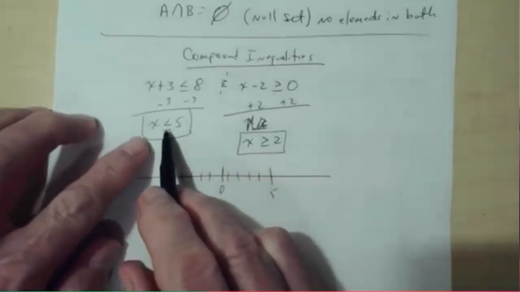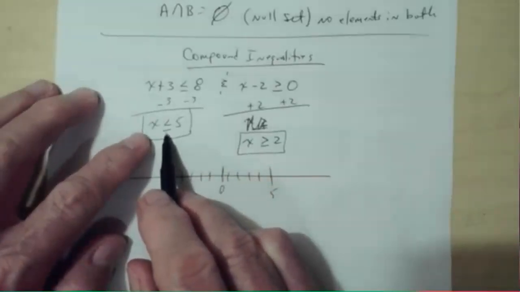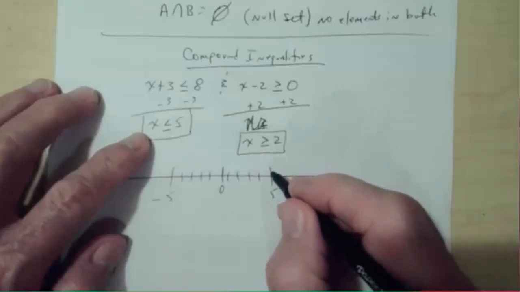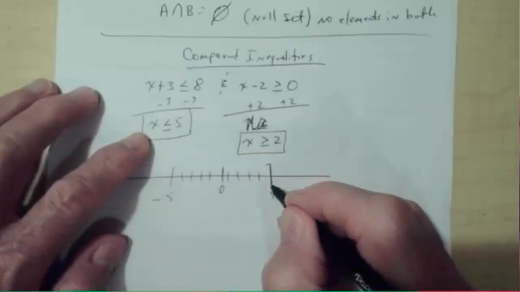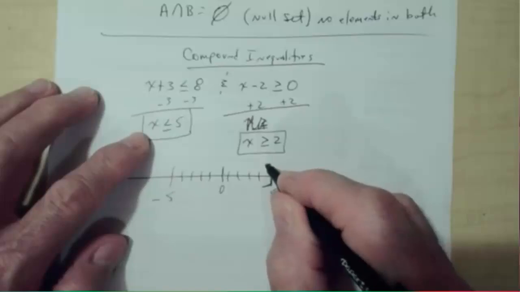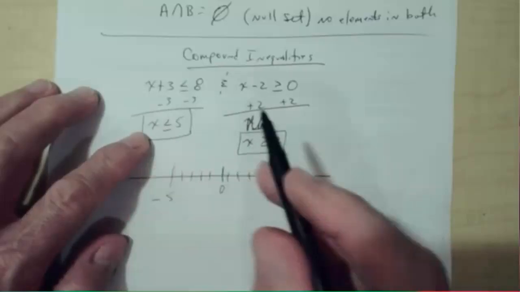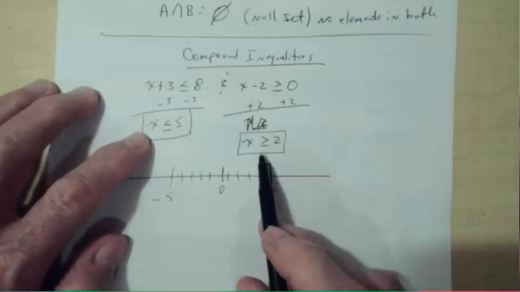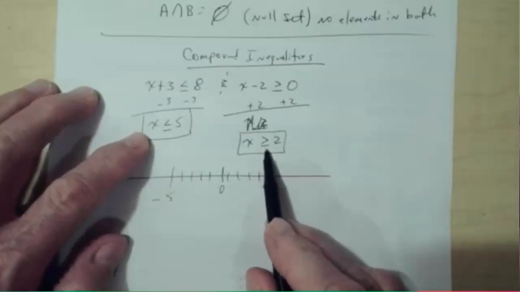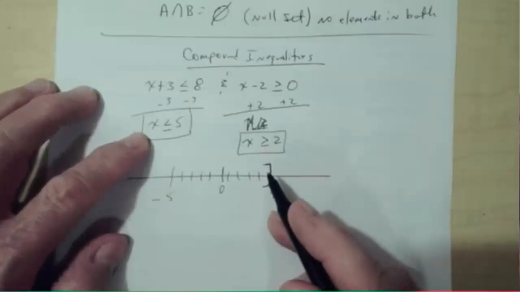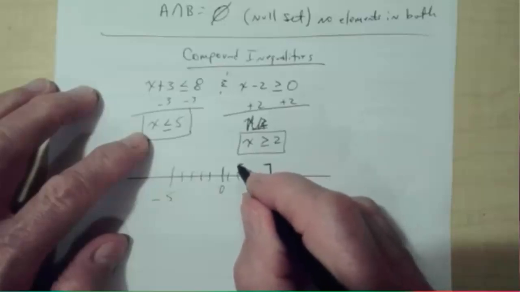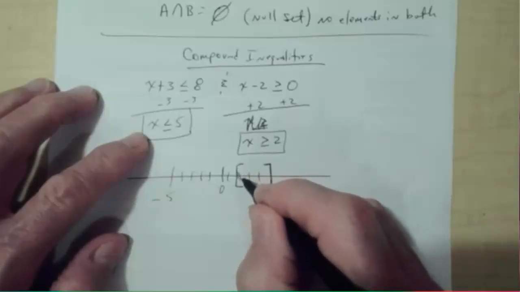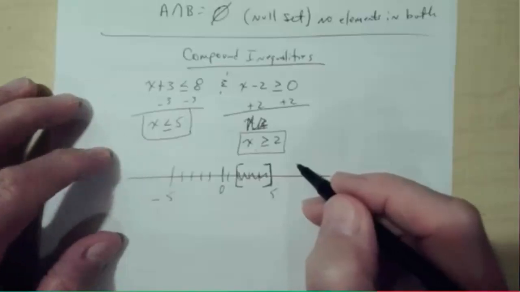Okay, x is less than or equal to 5. Here's 5. Less than or equal to is going to be a bracket because it includes the number 5. And x is greater than or equal to 2. Greater than is this way. So it's only these numbers in here.